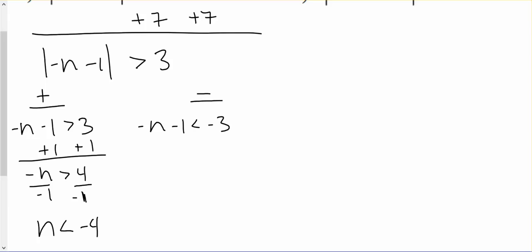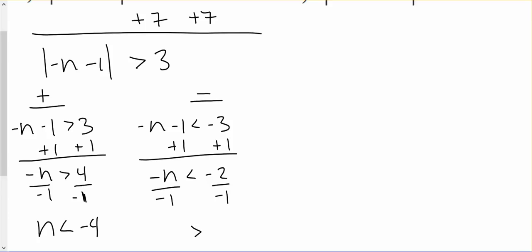And on our negative side, our steps are going to be the same. We're adding 1, negative n less than negative 2. Divide by negative 1. When we divide by a negative, we need to change this one back the other direction. And negative 2 divided by negative 1 makes positive 2.